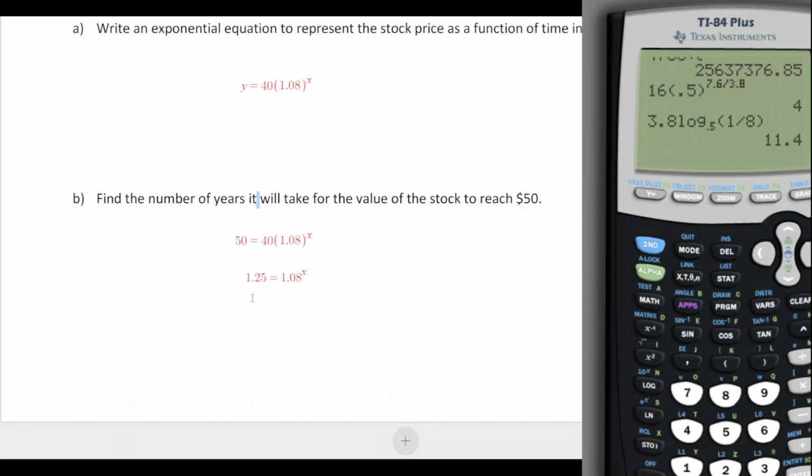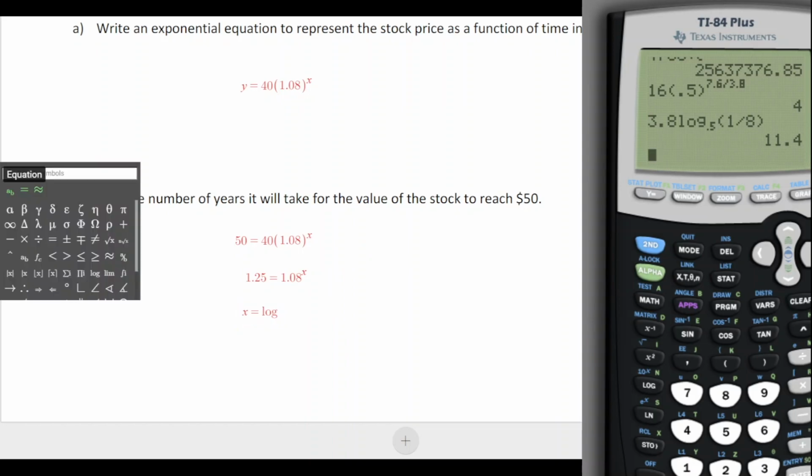So I'm going to rewrite this as x equals log base 1.08 of 1.25. All right, and we should have a final answer after this because we're going to plug this into the calculator.